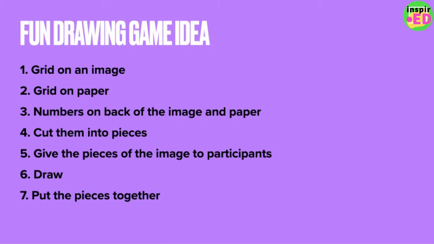No one can see the front yet, just turn them over and give them to each participant. You might get one if you have a lot of people and the same number of sections, or you might get more than one if you have more pieces than people, but you give them pieces randomly.